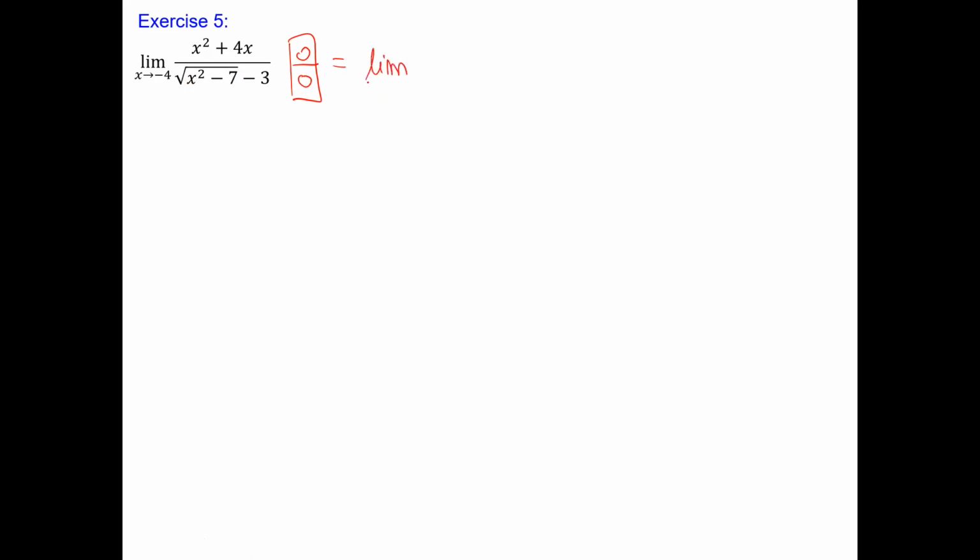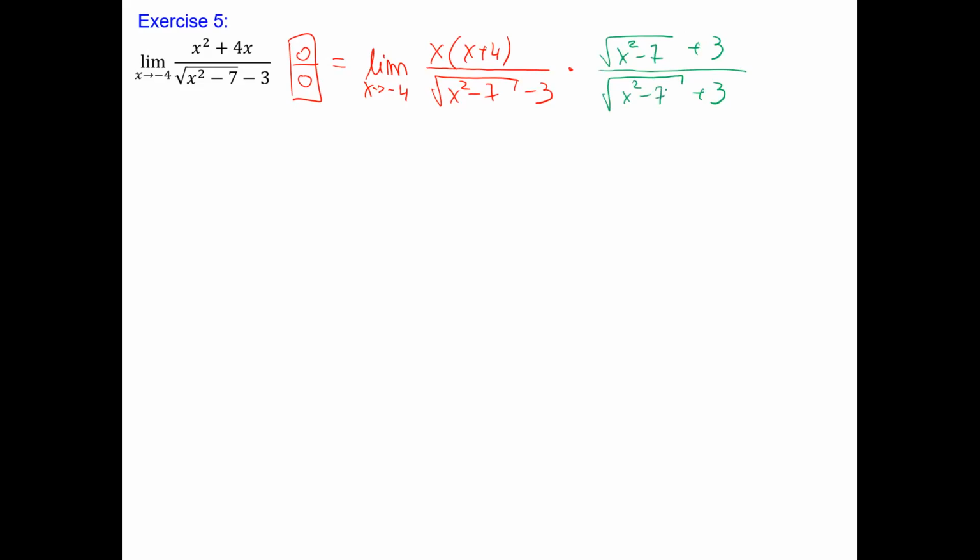What we can do for this: I can possibly factor out this, but for the root expression, we remember one of the good ways to rewrite this is to multiply by the conjugate, square root plus 3, and the same radicand. You can see I copy this expression, but I create the conjugate.